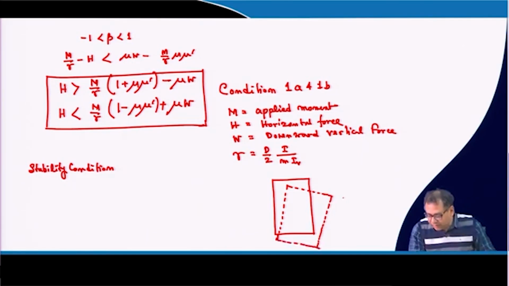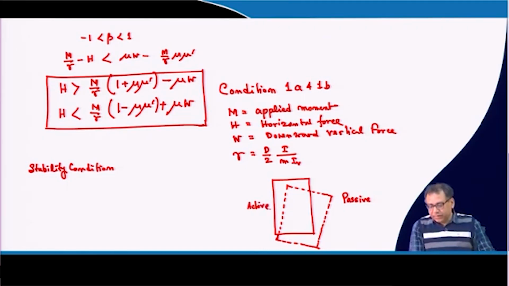So, this side will be passive and this side will be active. Throughout the depth, the right side is passive and the total left side is active.